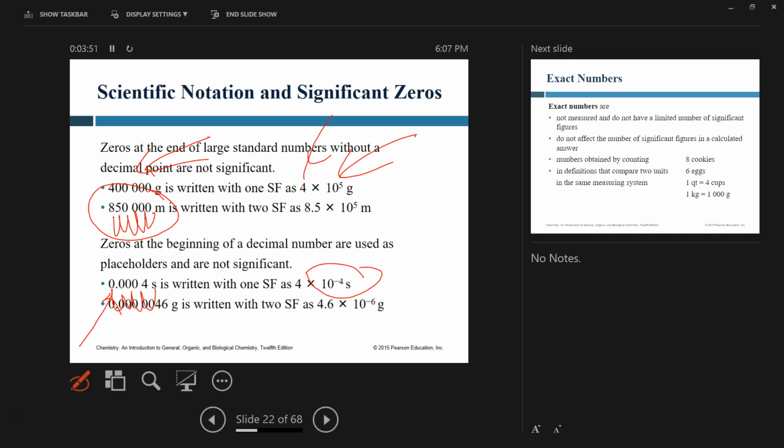You move it to the left, it means that it's going to be 10 in the positive power, 10 to the power of 5. 8.5 multiplied by 10 to the power of 5. So basically what you need to remember for scientific notation: if you move the decimal point to the left, 10 is going to be in the positive power. If you move the decimal point to the right, it's going to be in the negative power. Got it? Moving on.